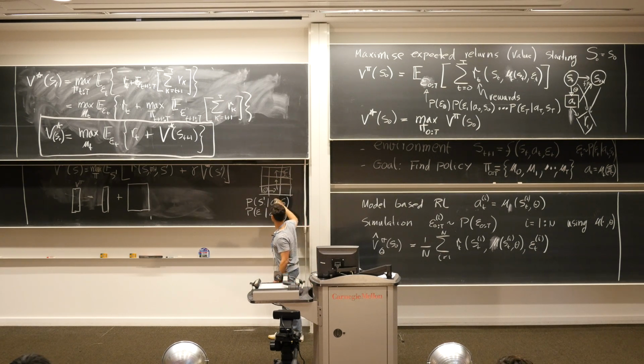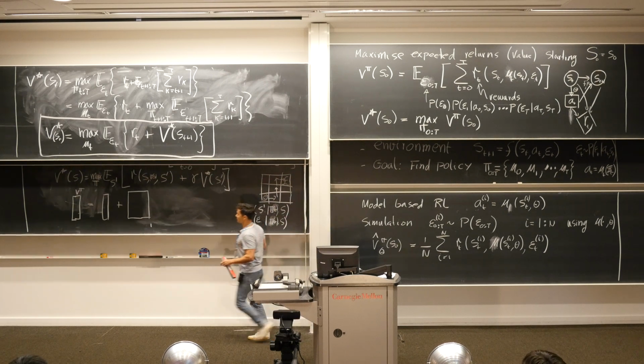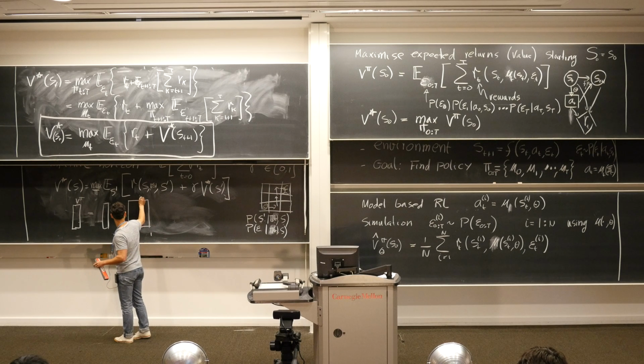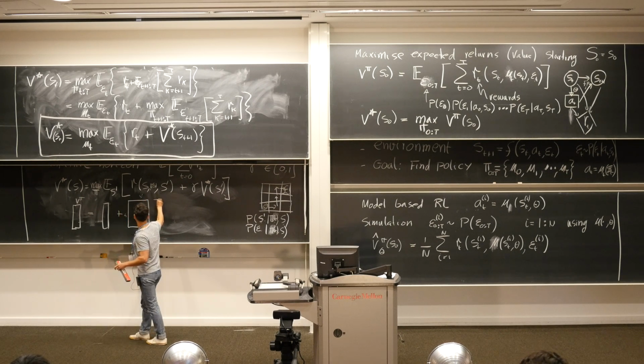So in particular for a, this is a function that takes as input S and outputs S prime. So I can write it as a matrix from S to S prime times a V function.